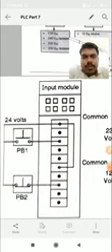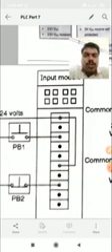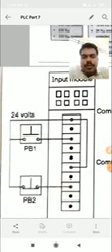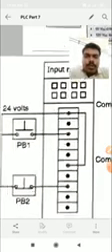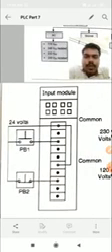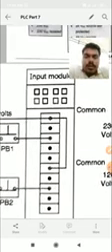Okay, there are points 2 3 4 5 6 7 8 9 10 11 to 12, 12 points which are inputs, through which the input is connected. Let's suppose PB1 is the first and PB2 is the second input. So these inputs are directly connected to the input points of the input module, and these are common.